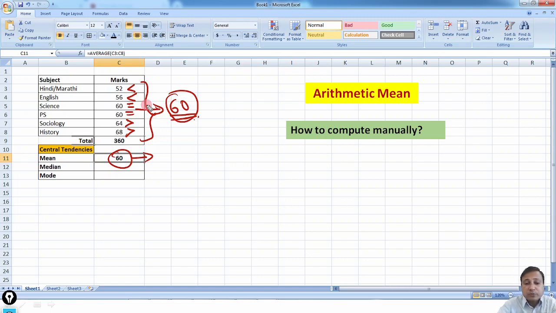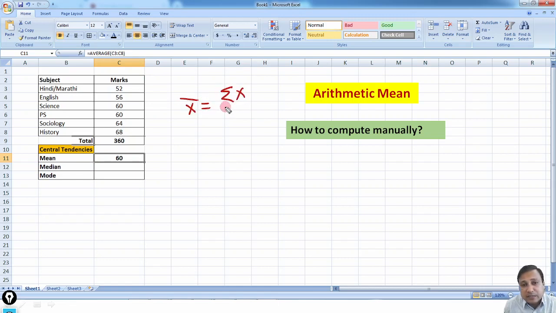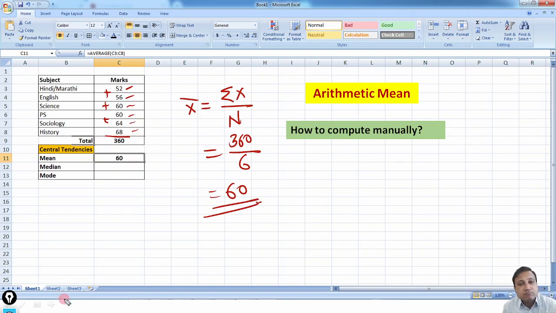Now how to compute this arithmetic mean manually? To compute it manually, we'll use this formula: x bar is equal to summation x divided by n. I have already explained what summation x is. Summation x means we added all these marks, and here the total is 360, divided by the number of observations: first, second, third, 4, 5 and 6. There are 6 subjects, so I get 60.